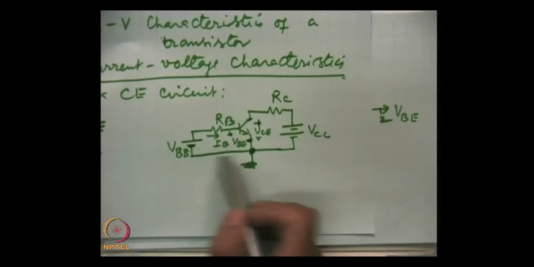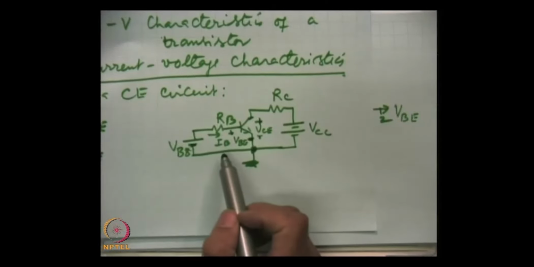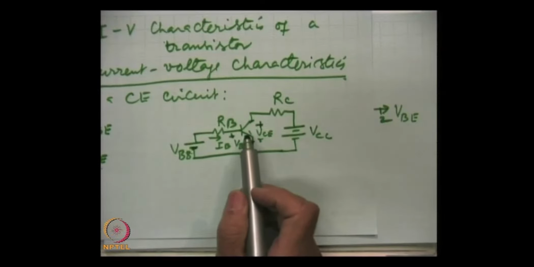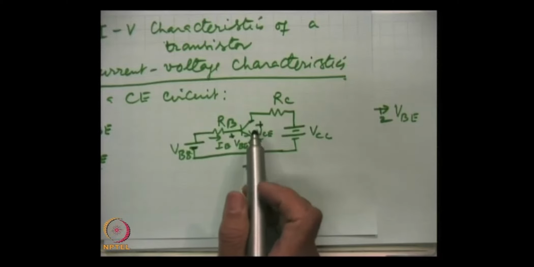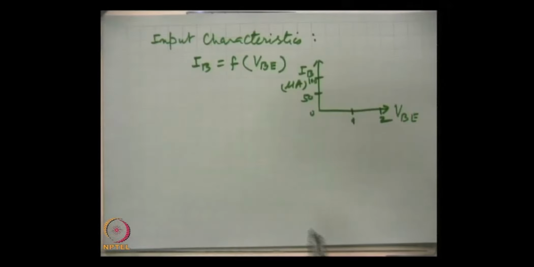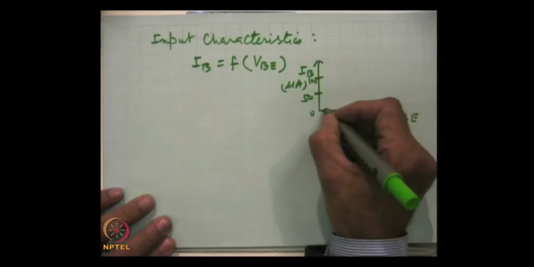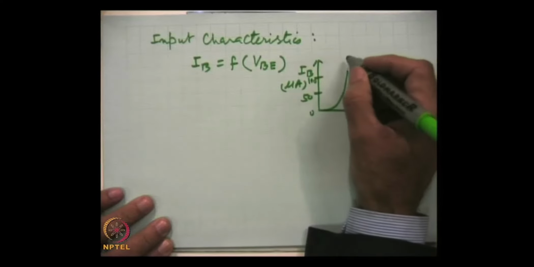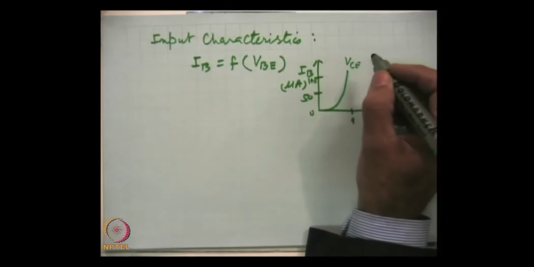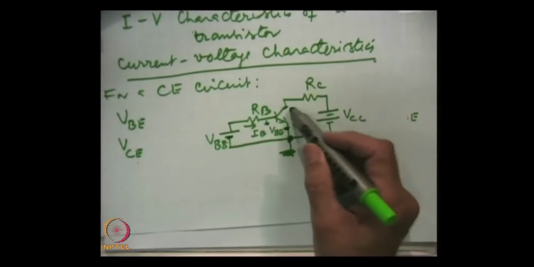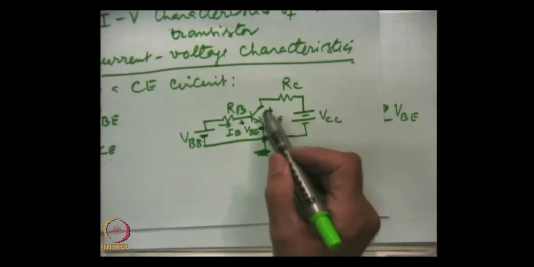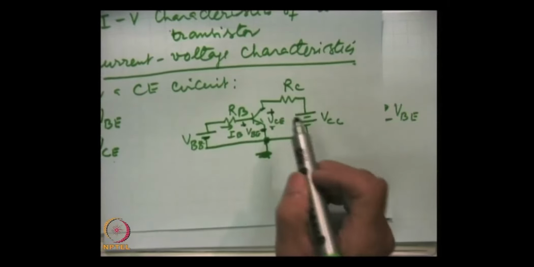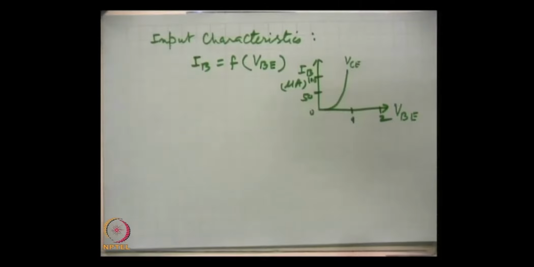This is simply a forward biased junction. You remember what kind of characteristics we talked about when we talked about the forward biased PN diode. So, similar kind of, this is when we keep VCE, that means at the output side this voltage, because now we will discuss that input characteristics are also a function of the output voltage, we will talk that.